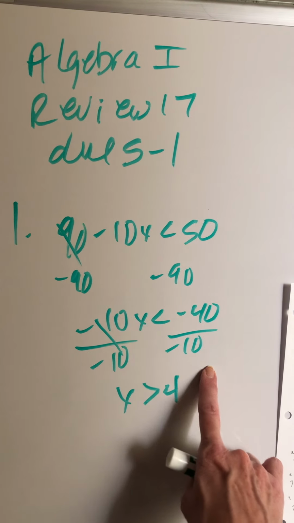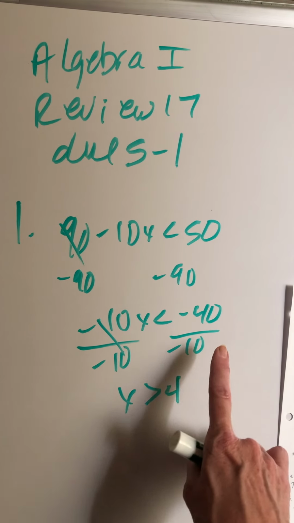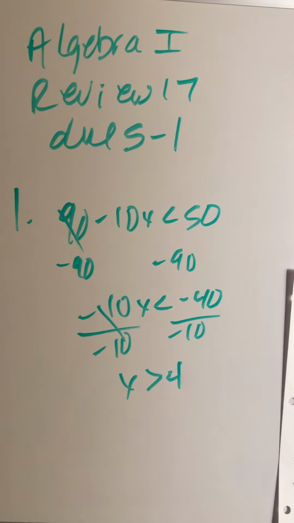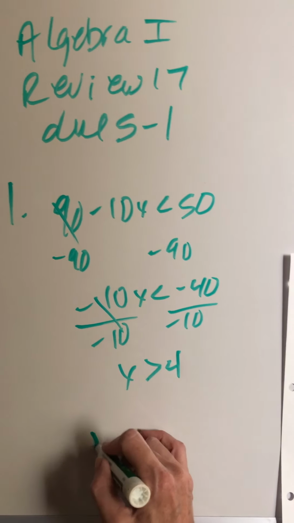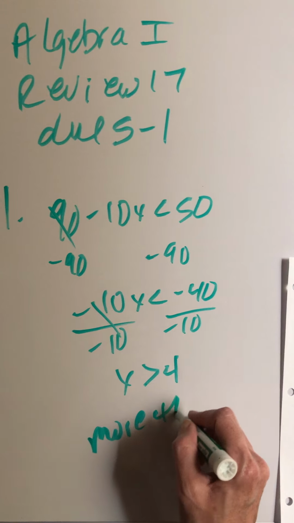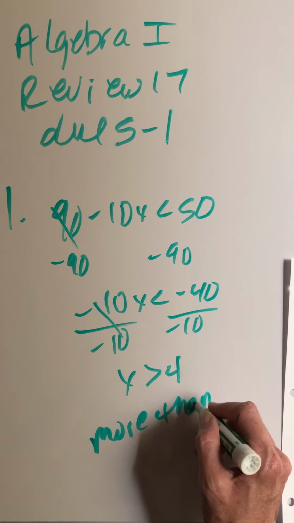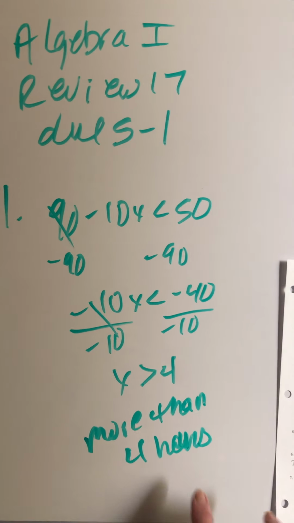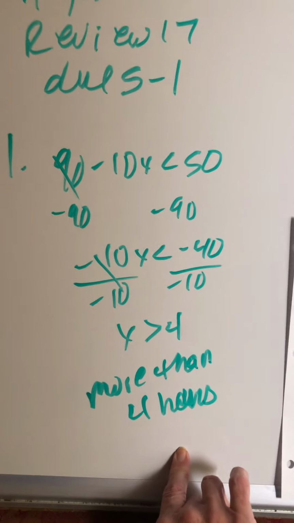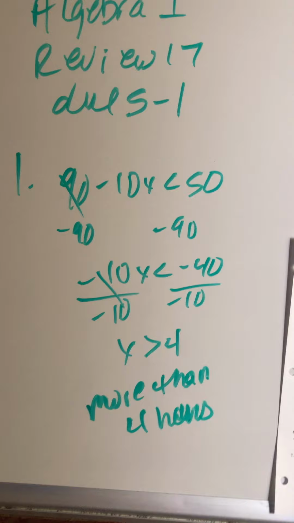Negative divided by a negative is a positive, and we divided across an inequality by a negative, so flip that inequality. So this is your answer. He's got to have more than 4 hours. That's what has to happen for him to owe less than $50. Okay, so that's number 1.